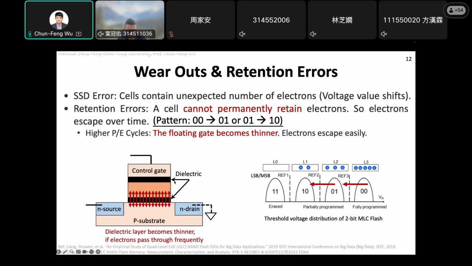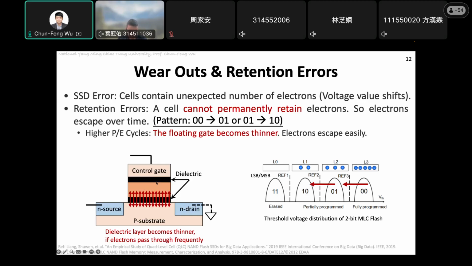It is more like your dielectric is getting thinner and thinner day by day, and after some days there is a very high probability for some of the electrons inside to escape. Then the error bits will start to climb. By nature, the electrons will gradually leak.